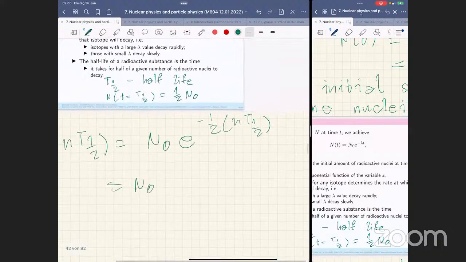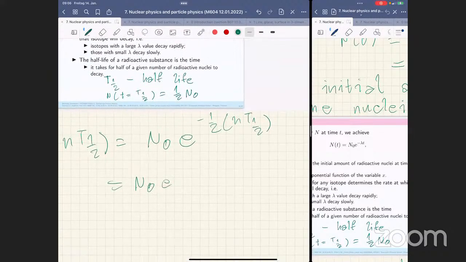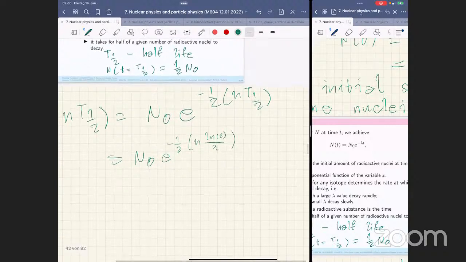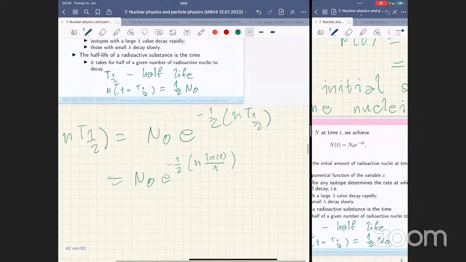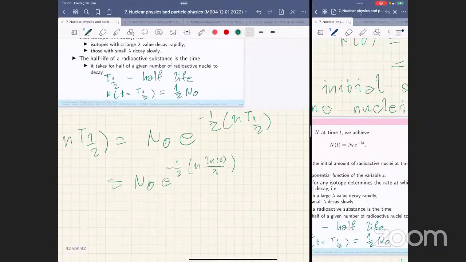We're going to substitute: minus n, and here is ln 2 by lambda. This is lambda, it's not 1 by 2. You have lambda here.